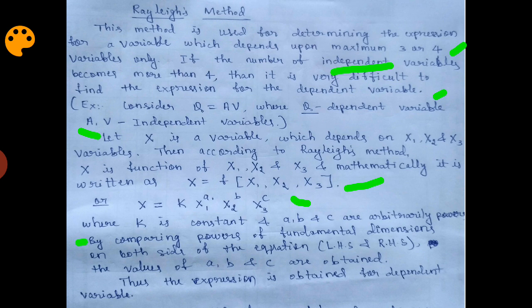By comparing powers of fundamental dimensions on both sides of the equation, meaning LHS as well as RHS, the values of a, b and c are obtained. Thus the expression is obtained for the dependent variable.